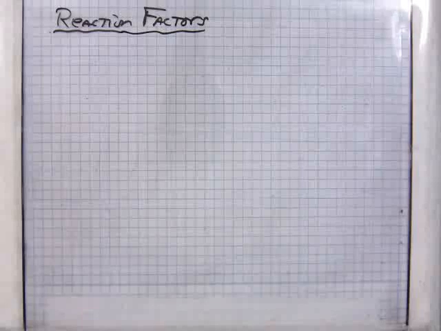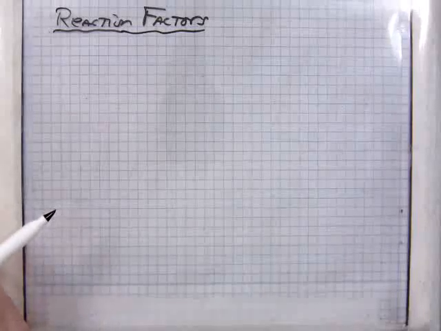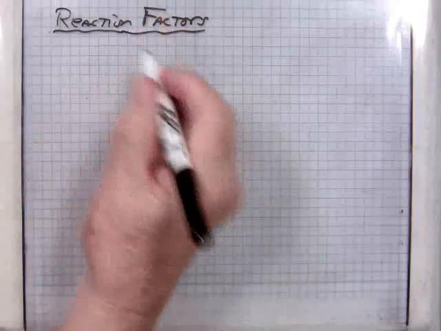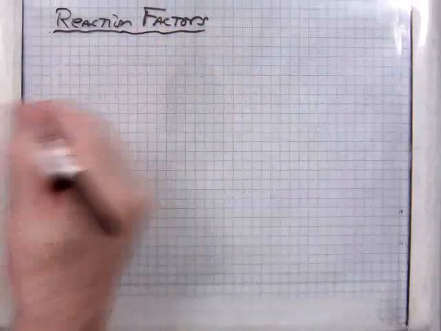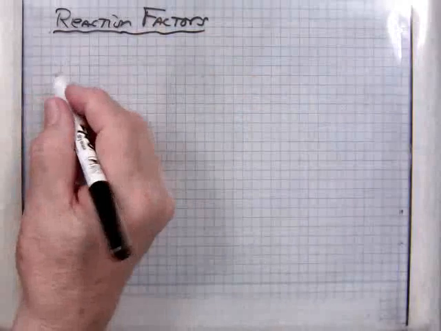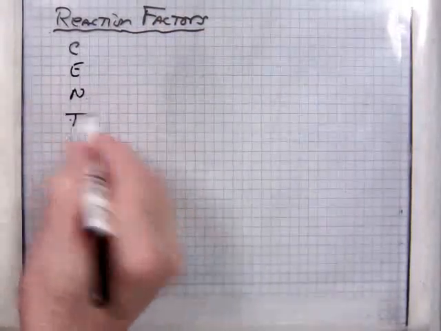And you must have all four of these events come together simultaneously. And the greatest probability of those reaction factors coming together simultaneously is at the activation energy. These reaction factors, and don't get them mixed up with rate factors, different, but it looks kind of the same, is C, E, N, T.